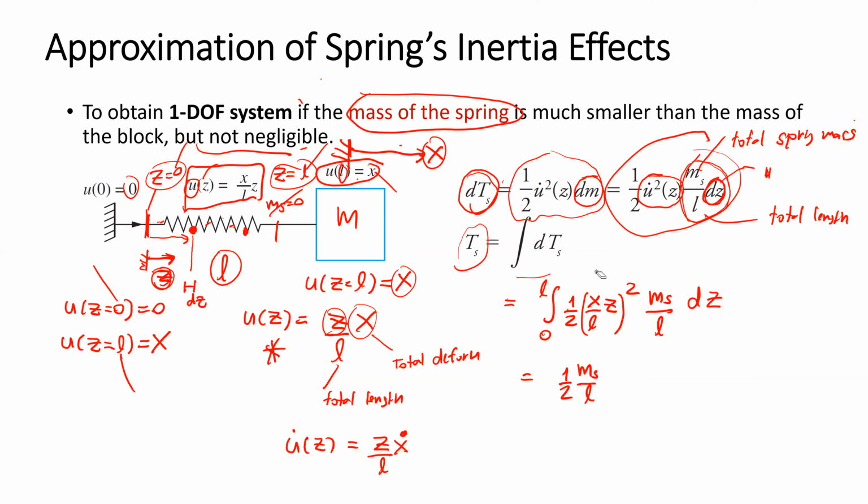Let's compose from 1/2 mass. Mass is m spring divided by length, and small dc, and v squared is u dot squared. u dot squared is (c per L) x dot squared.